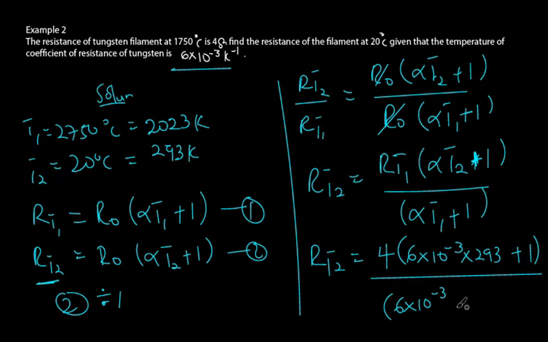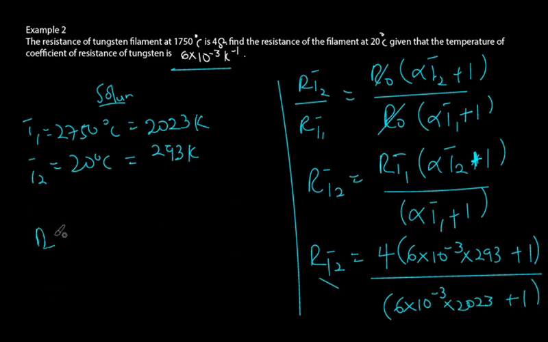If you input all of this into your calculator, our RT2 will be 0.84 ohms. So the resistance of the filament at 20 degrees Celsius, or 293 Kelvin, is 0.84 ohms.